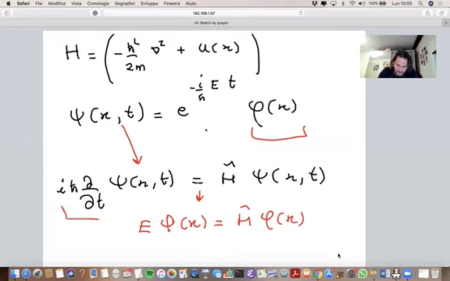Because this term here will produce E, and that will be, of course, in both cases, my exponential going out. You can verify this by doing explicitly this time derivative. On the right-hand side, the Hamiltonian doesn't act on time, so this term will go through, and eventually I can always cancel it.